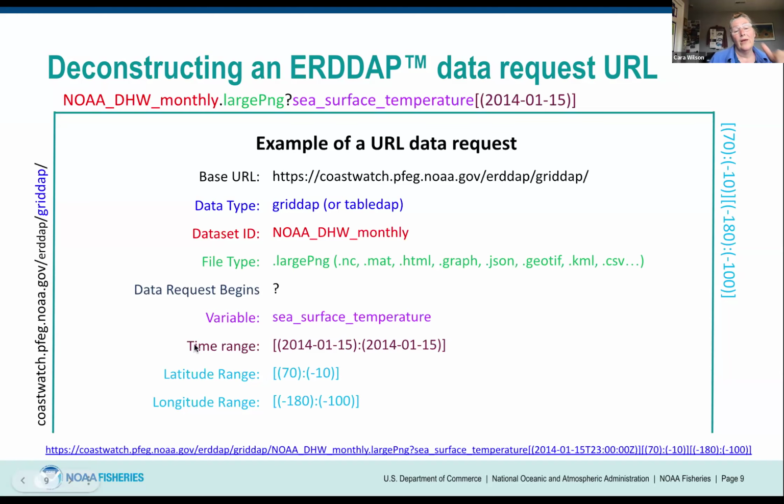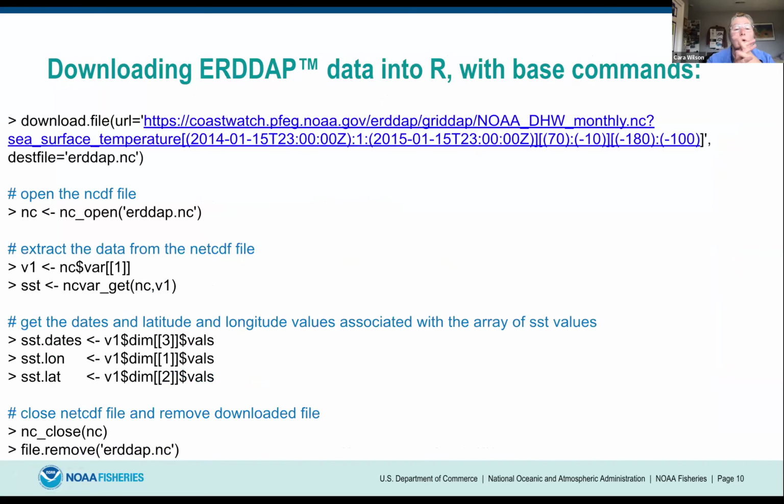What we're going to do next is look at this data set and extract it in a couple of different ways. First, I'm going to do it with the base commands. You'll see this a lot: this is the fundamental way that one can get data from ERDDAP. If you have the URL, which is the URL I just showed in that previous slide, you can put that in.